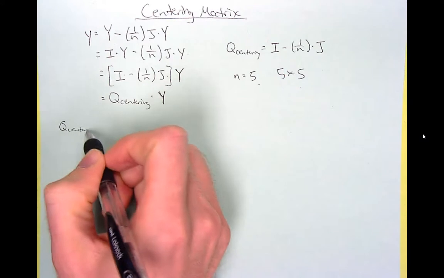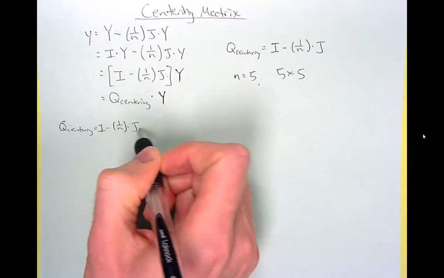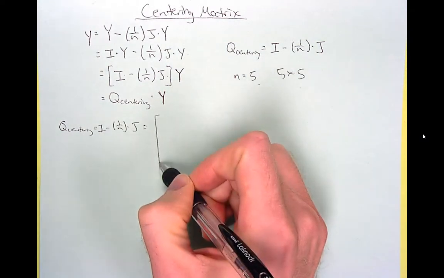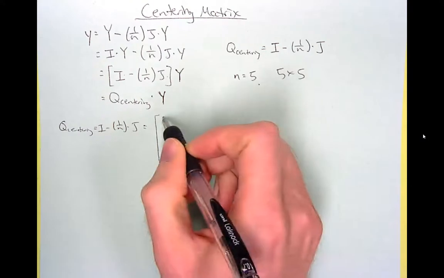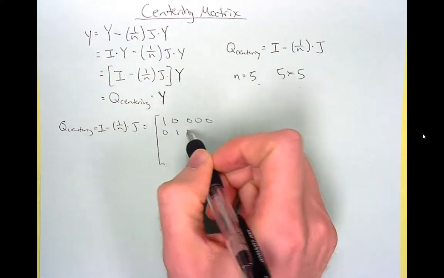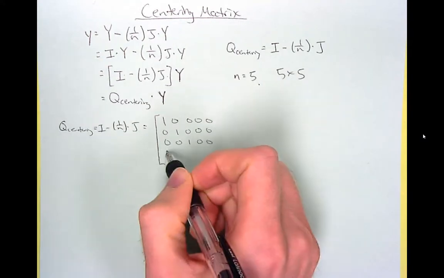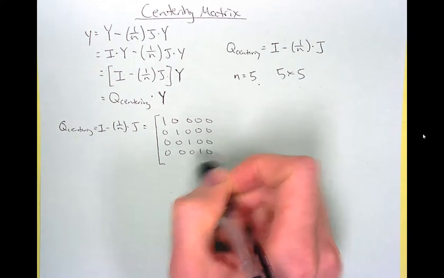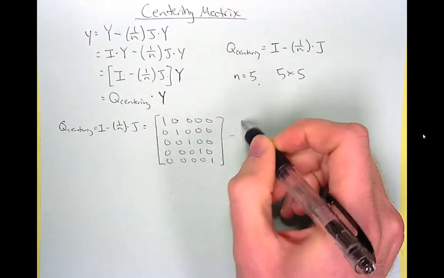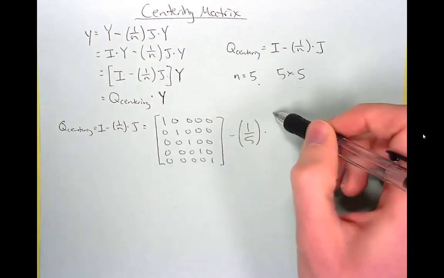So let's do this. Q centering matrix, I'm just going to write this out again. It's going to look like this: our identity minus 1 over 5 times J matrix here.